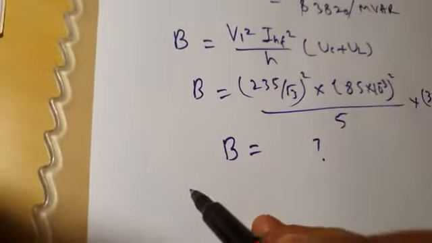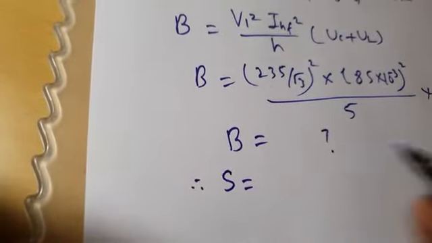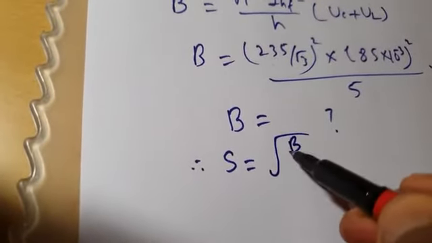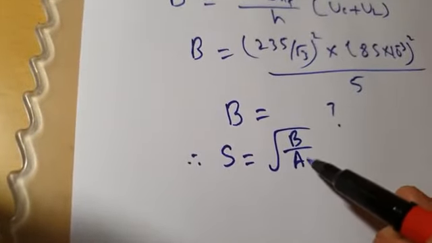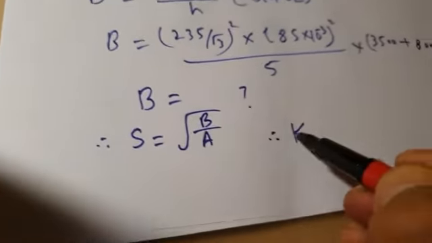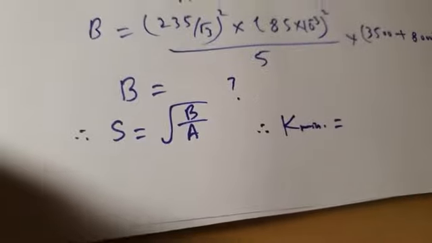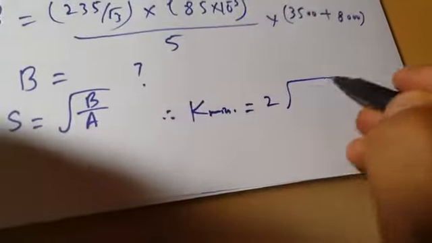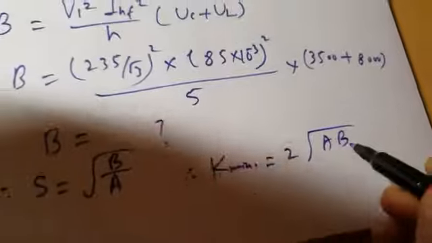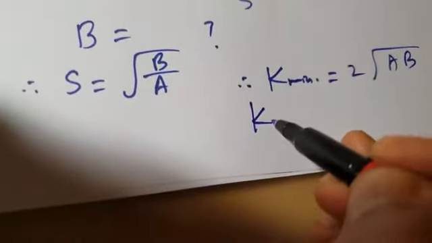Once you know B, then you know what S is. What is the condition for minimum cost? The condition for minimum cost of filter is S equal to B by A. So what is the minimum cost of filter? As we derived a few moments back, it is 2 under root of AB. You know A, you know B, substitute, and this will give you the minimum cost of filter.